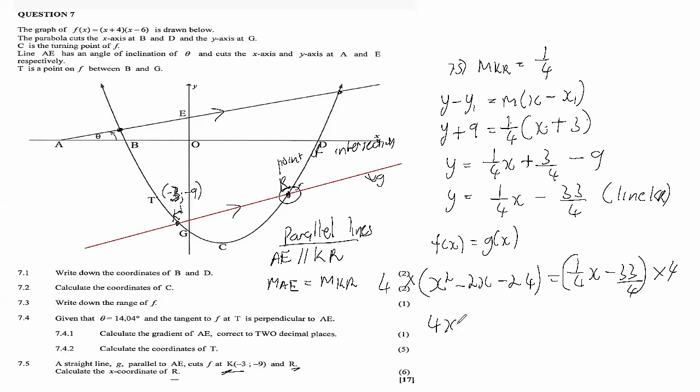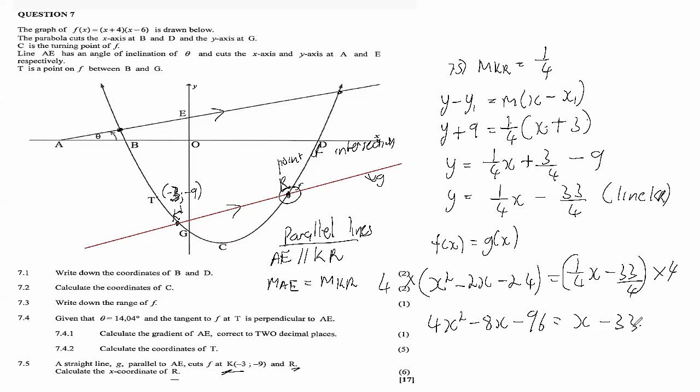So this is 4x squared minus 8x minus 96. So 24 times 4, is it 96? Yes, minus 96. And then equal to x, so 1/4 times 4, that's x, and then minus 33.